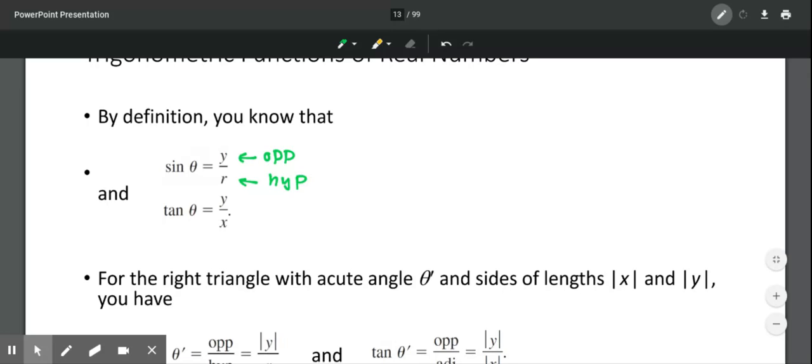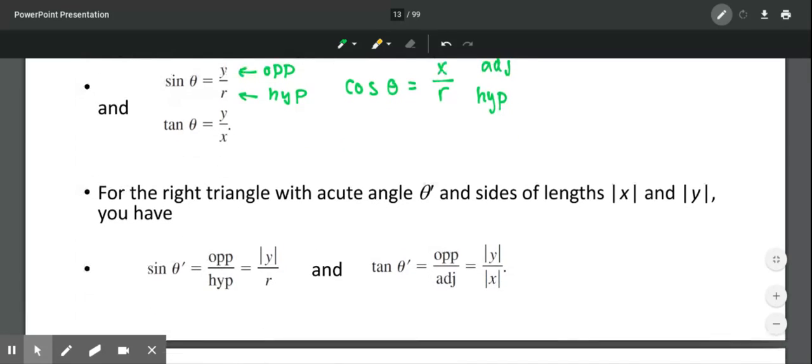And you know that the tangent is y over x. And we know that the cosine, I'm not sure why cosine got left out of here, but cosine of theta is x over r, which is your adjacent side over your hypotenuse. So just remember those ratios.